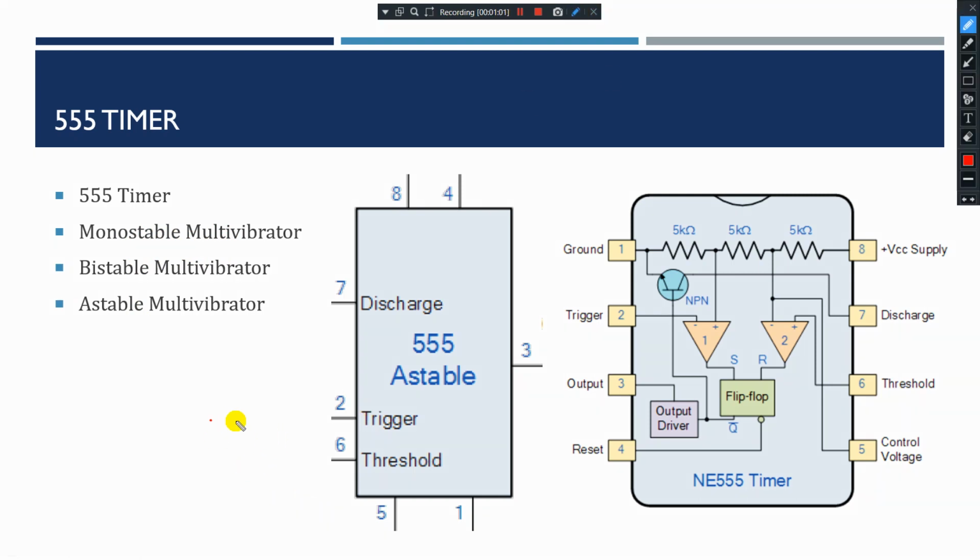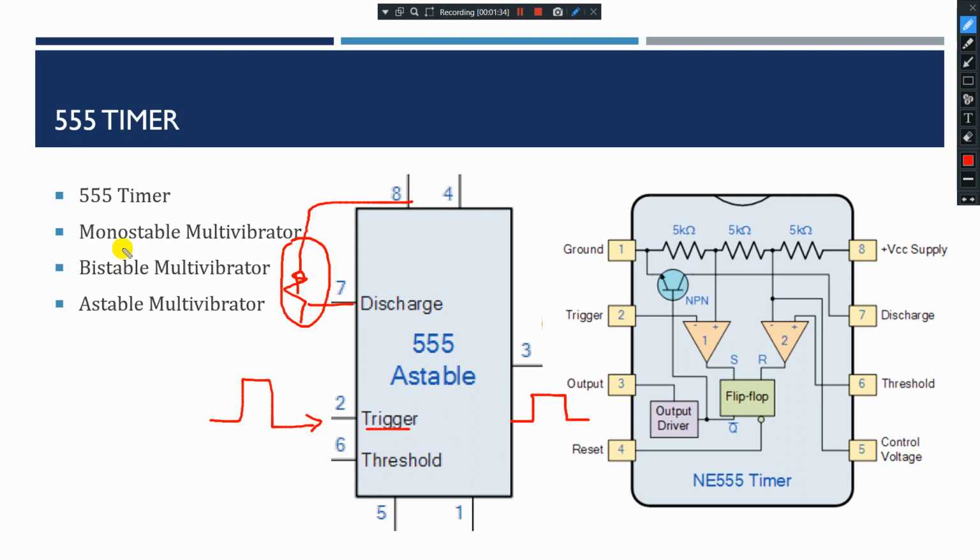If I give an external pulse as a trigger to the 555, it generates a particular pulse, and that pulse will be high until your resistor combinations with your pin number 7. I will show you the diagram of how your resistor is connected to pin number 7 and how pin number 6 works to produce a particular pulse.